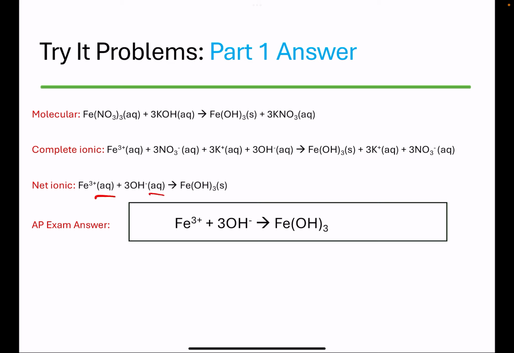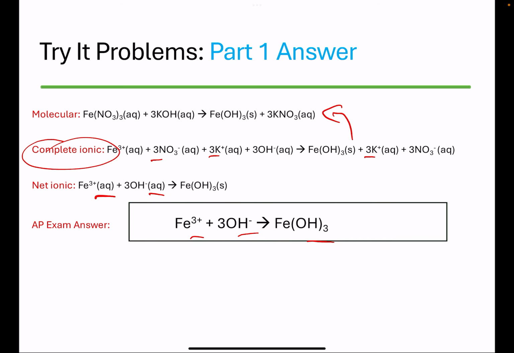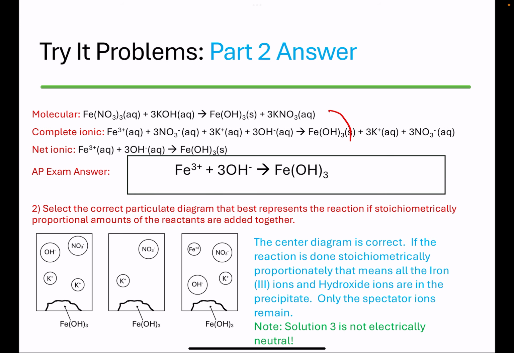The aqueous, the state, you don't have to put it for the AP. But notice how they also are balanced, not according to the complete ionic, but according to our molecular formula. Okay, the standard diagram is correct if the reaction is done stoichiometrically proportional.